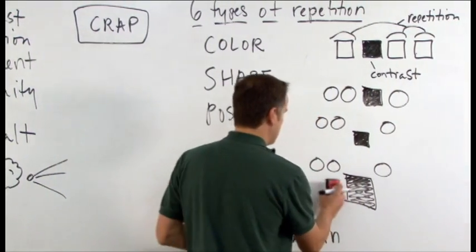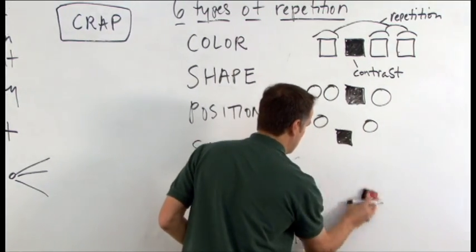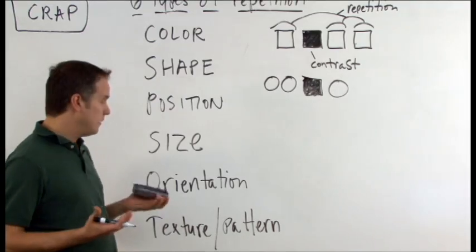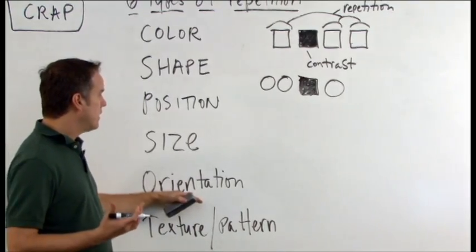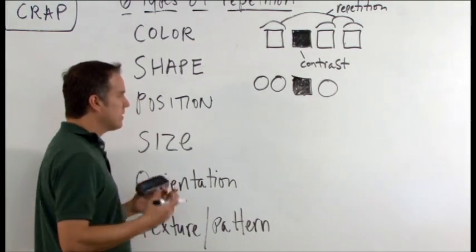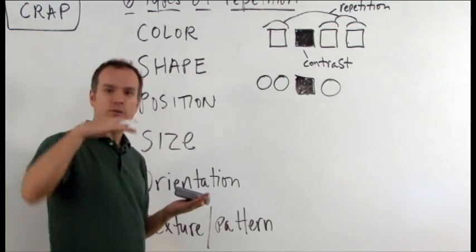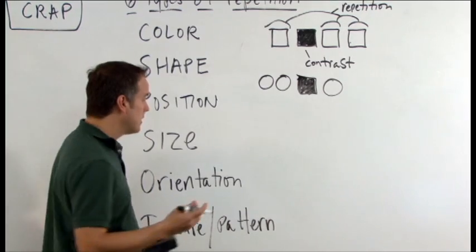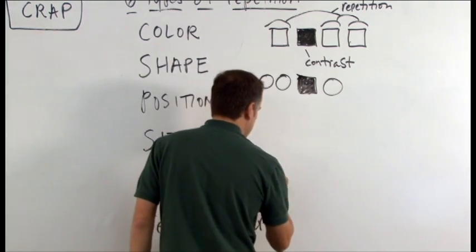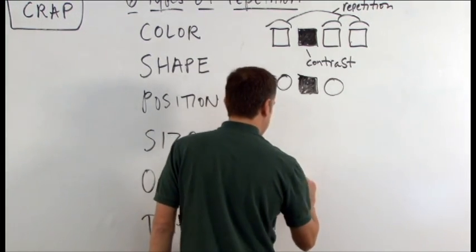Let's try orientation. Orientation, we're going to have to use a little bit different diagram because, of course, circles don't have an orientation. No matter how you twist them, they're still a circle. But let's take a group of squares again.